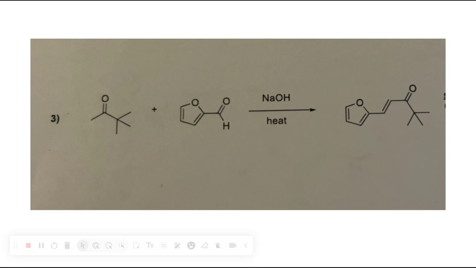So the aldehyde is basically naturally restricted to being the carbonyl acceptor. So the ketone then is restricted to being the enolate. So we can only form 2 products: if the ketone reacted with itself again, and then if the ketone was the enolate and the aldehyde was the acceptor.